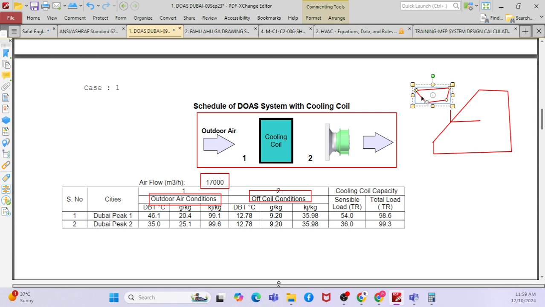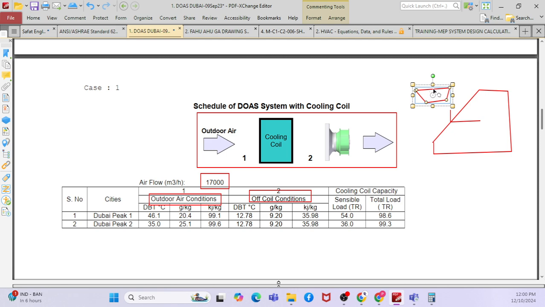This semicircle is to find out the sensible heat ratio. Sensible heat ratio is sensible load divided by total load, so you will get some value, say 0.6 or 0.7 or 0.8.